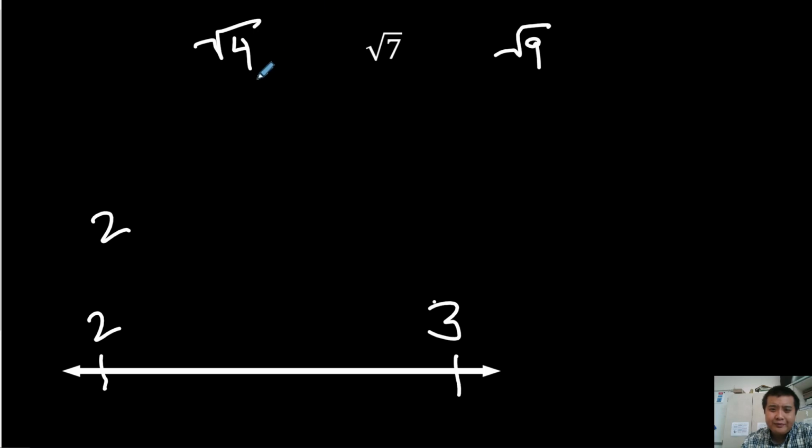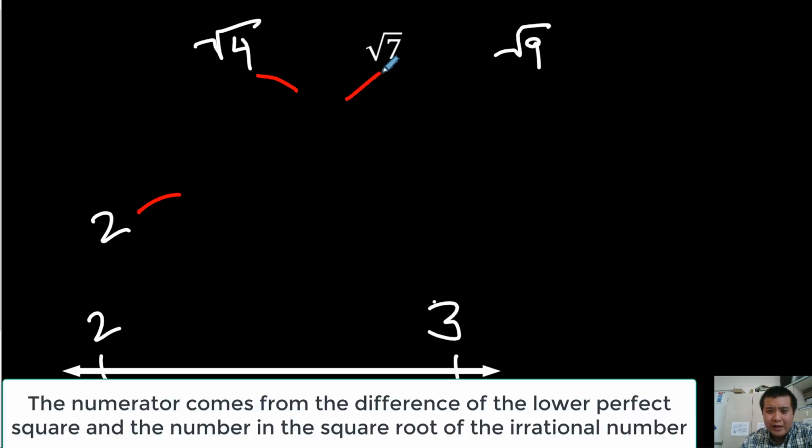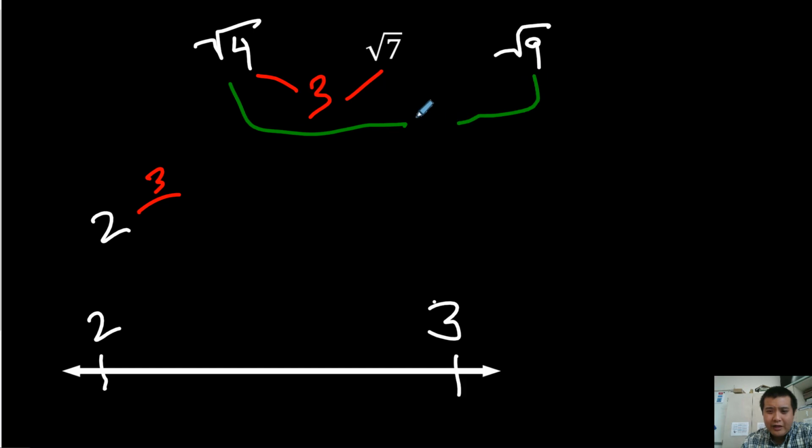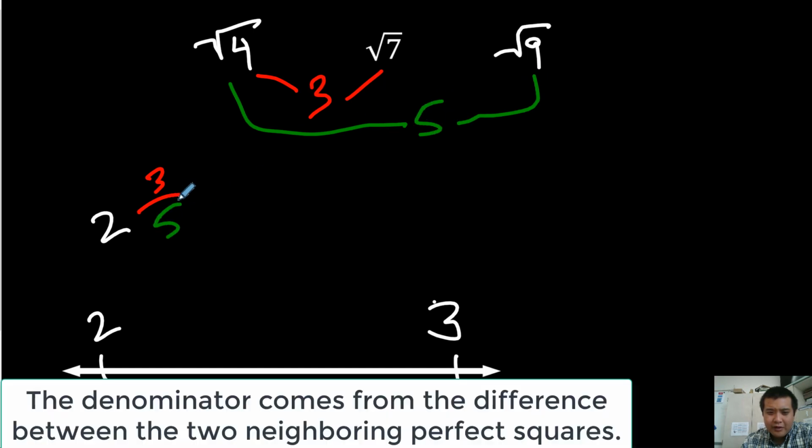So again, we're going to make a fraction and find the difference between the smaller square root and the actual number that we're going for, and that's a difference of 3. Then our difference between 4 and 9 is 5. So that's going to be 3/5.